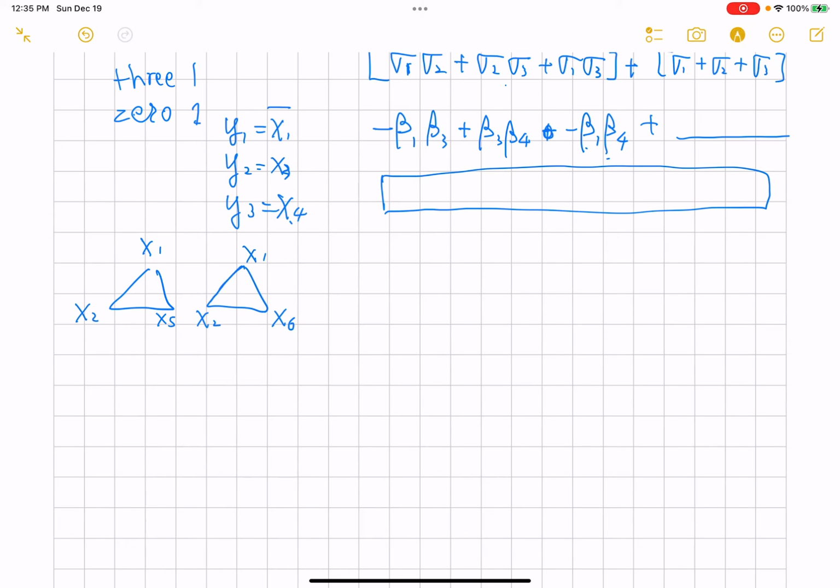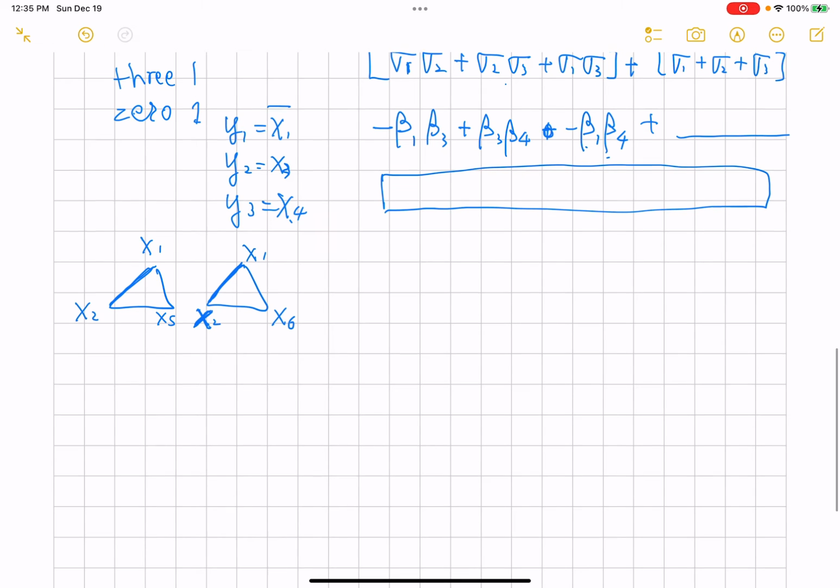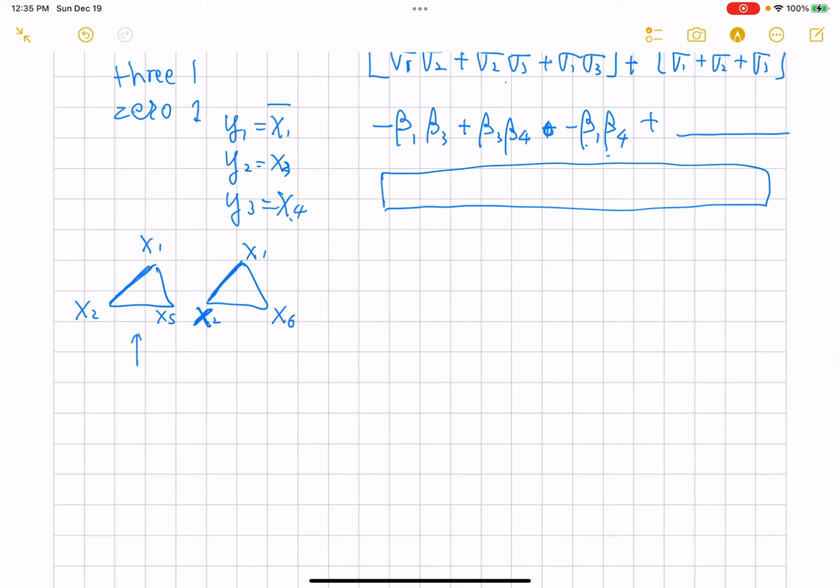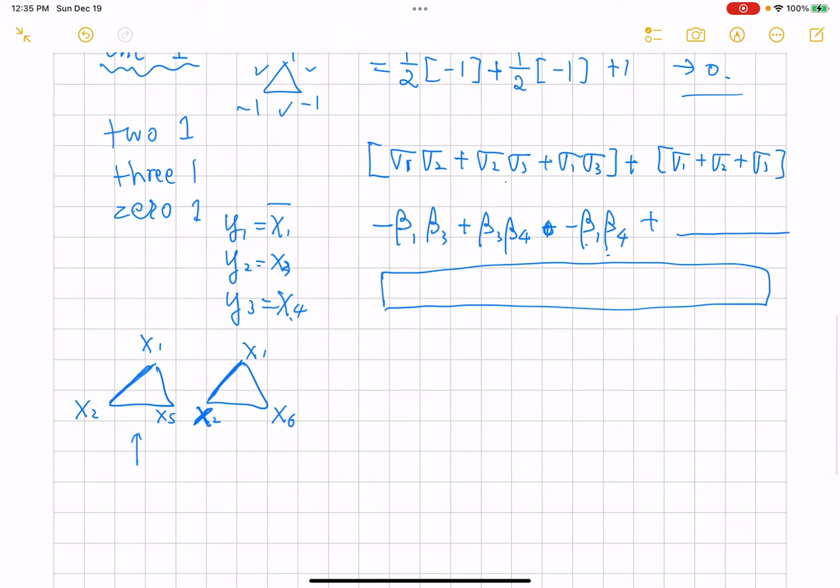This edge between x1 and x2 is a literal, it's no longer the y. x1 is a global literal for my SAT problem. So this same x1, x2 appeared twice. Now for this formula, I would see one such thing, which is beta 1 and beta 2. And in this triangle, I will have another beta 1, beta 2. I would end up with 2 beta 1, beta 2.